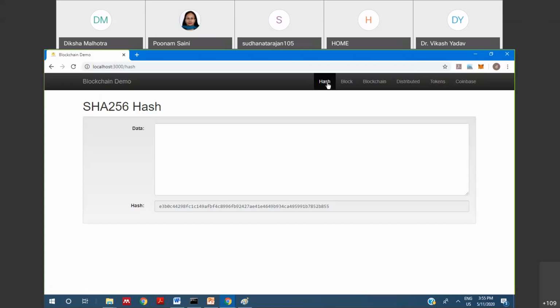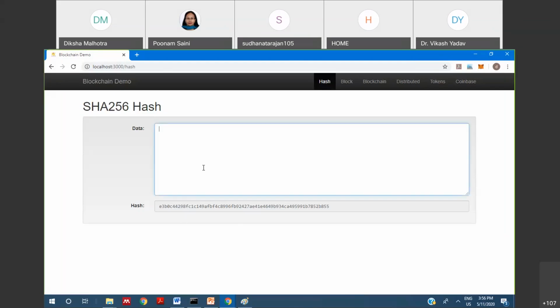It is basically an irreversible process. That is, the data can be converted into hash, but the hash cannot be converted back into the data. As you can see, currently the system is having blank data. Hence, for the blank data, we have the corresponding hash.